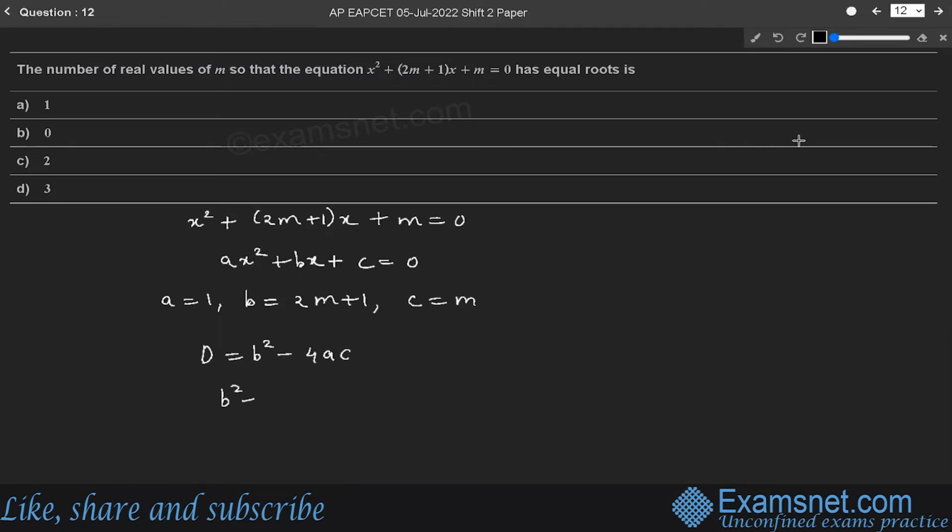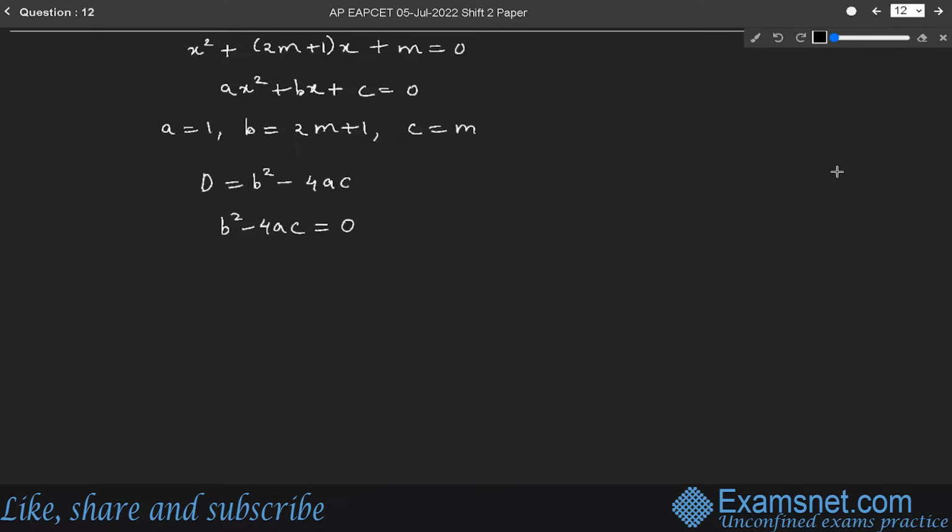So b² − 4ac will be equal to 0 because it is given that they are the real values. So putting the values, (2m + 1)² − 4 × 1 × m = 0. So it will be (2m + 1)² − 4m = 0.